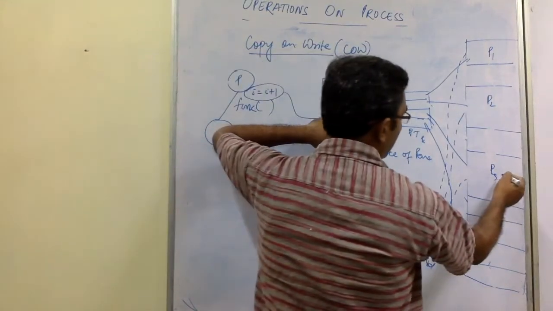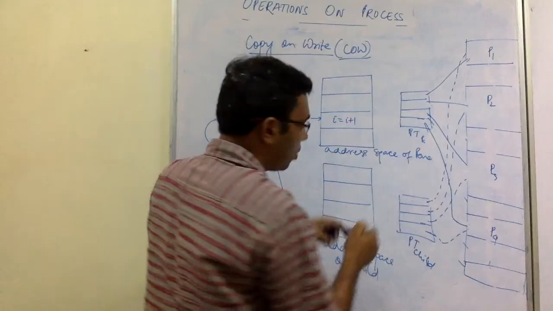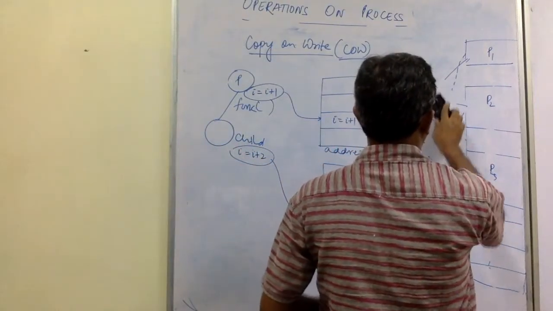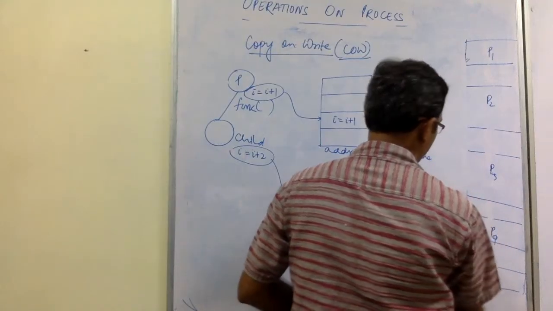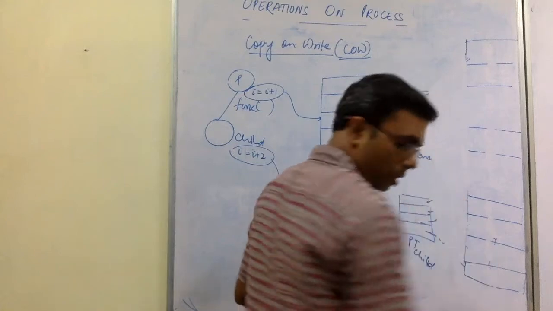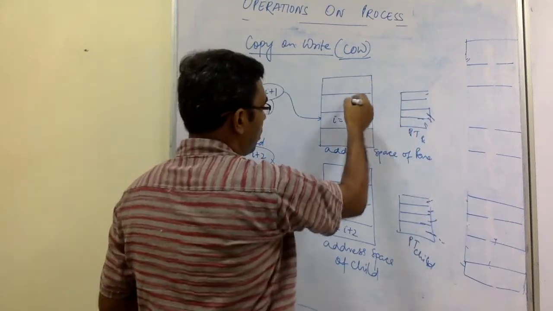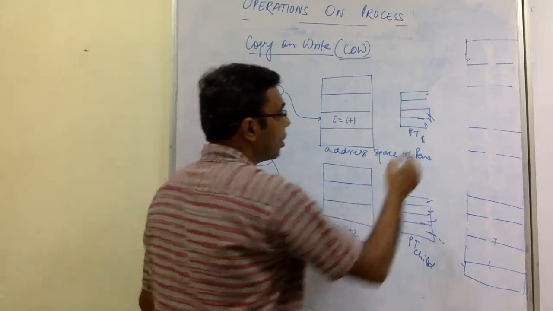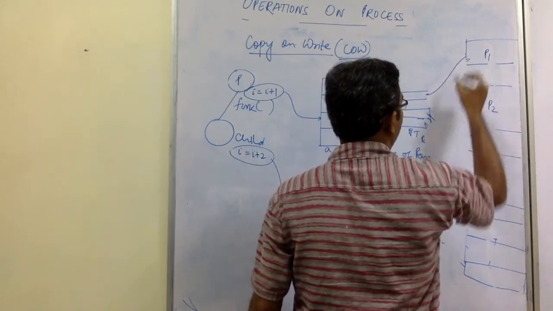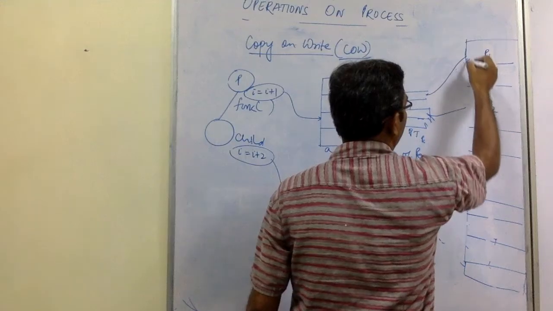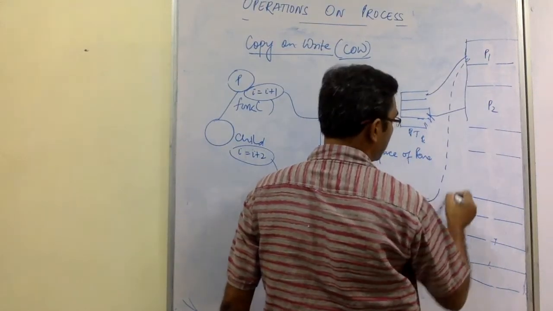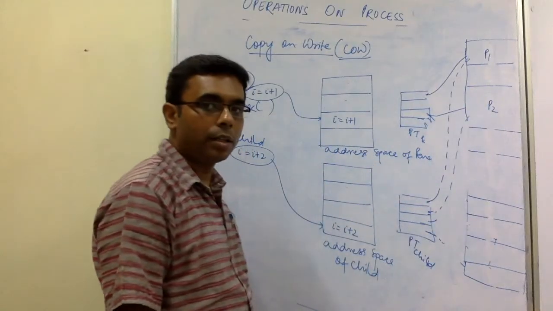Let's say this is the page. So this page now, the third page, okay. So what we'll do is, the first 2 pages, because they are identical, so this is page number 1 and page number 2, these 2 pages will still have the same mapping for both the parent and the child.